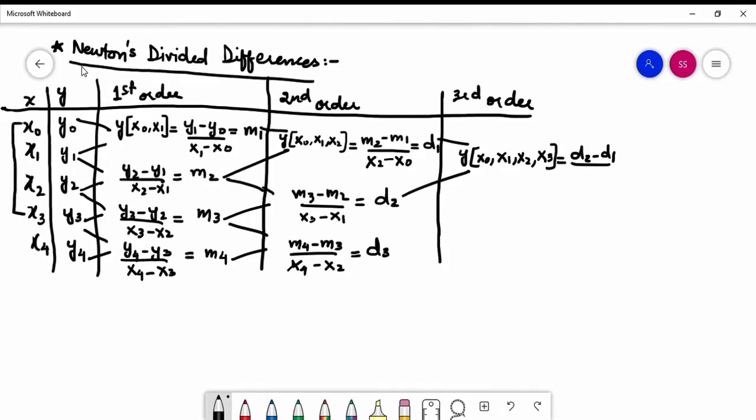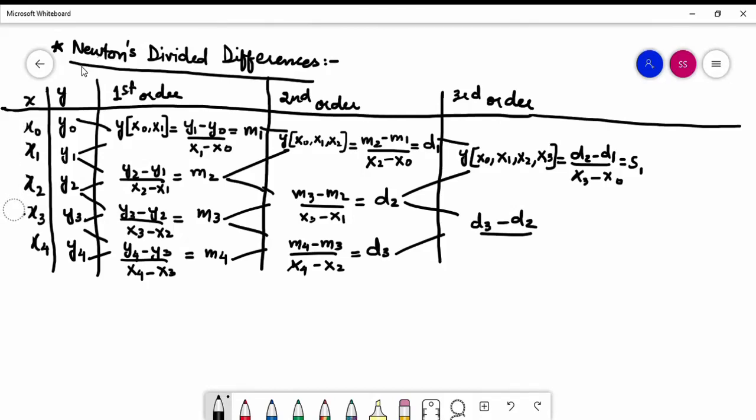The last point is x3 and the first point is x0. Let it be equal to s1. The next third order divided difference is d3 minus d2, and now your domain frame is between x1 and x4. The last point is x4 and the first point is x1.